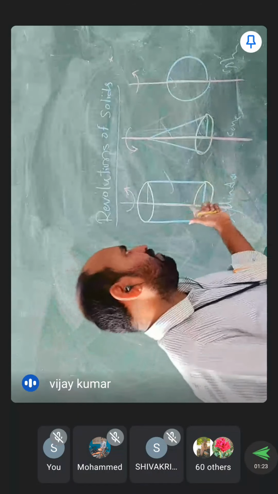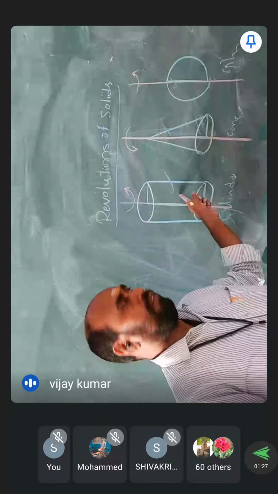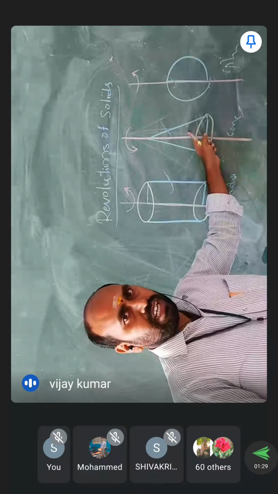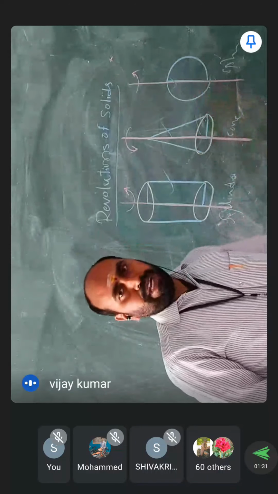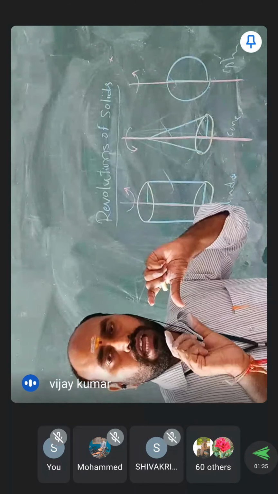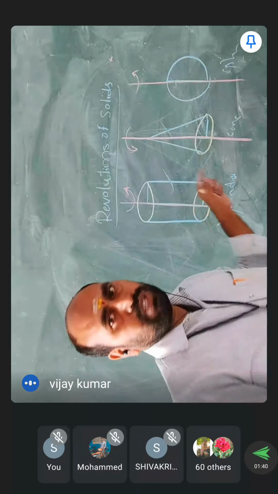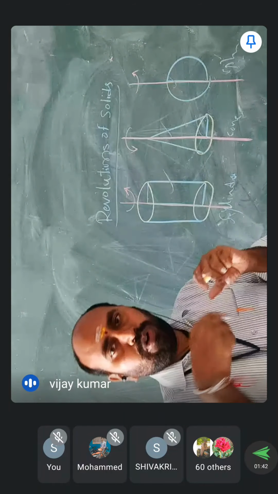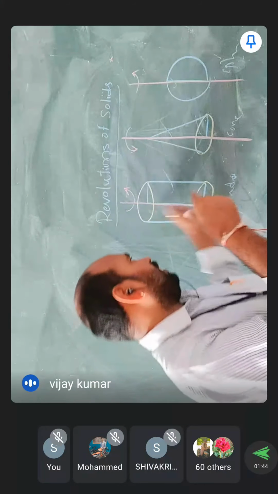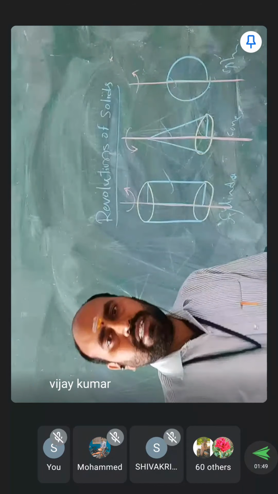But in the case of these three solids, there is just one rectangular plane, one isosceles triangular plane and one semicircular plane, which are just rotating about one of the sides. So when it is attached to a thread, with the thread as a center, they rotate like this.